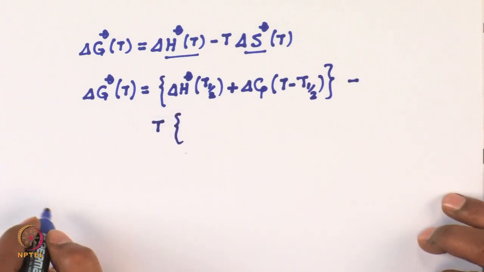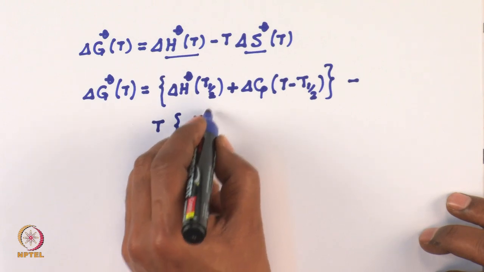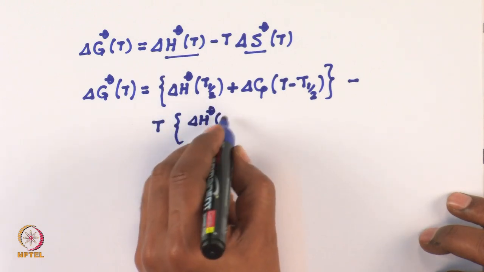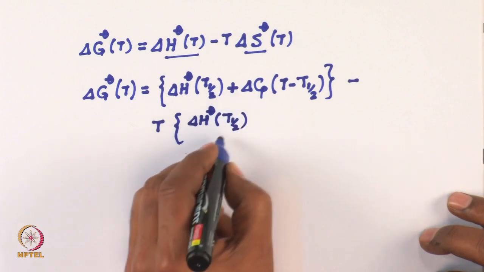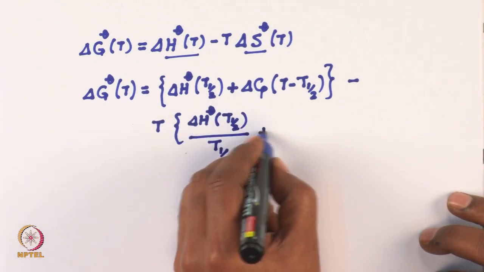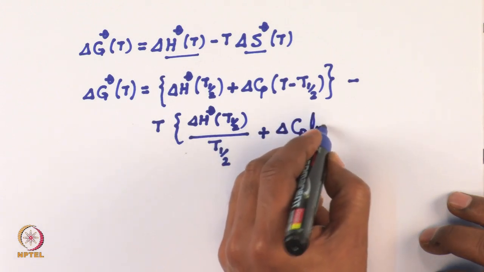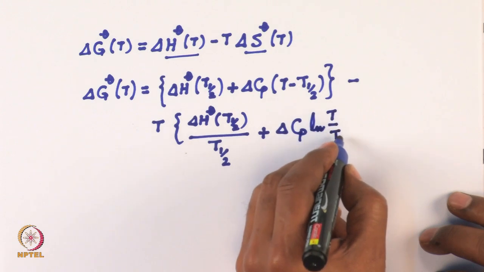I will write for delta S naught: delta S naught was delta H naught at T half divided by T half plus delta Cp log T by T half.